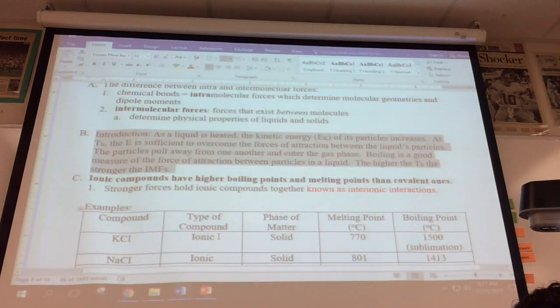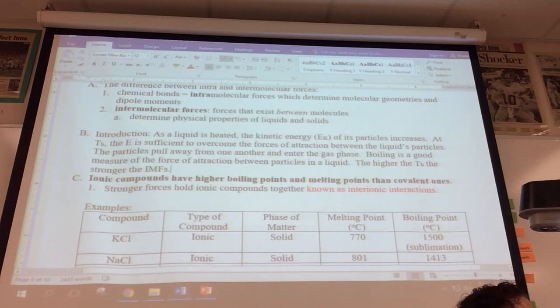In terms of what's written here, it says, as a liquid is heated, the kinetic energy of its particles increases. We know that temperature and kinetic energy are directly related. At the boiling point, the energy is sufficient to overcome intermolecular forces, and the particles pull away from one another and enter the gas phase.